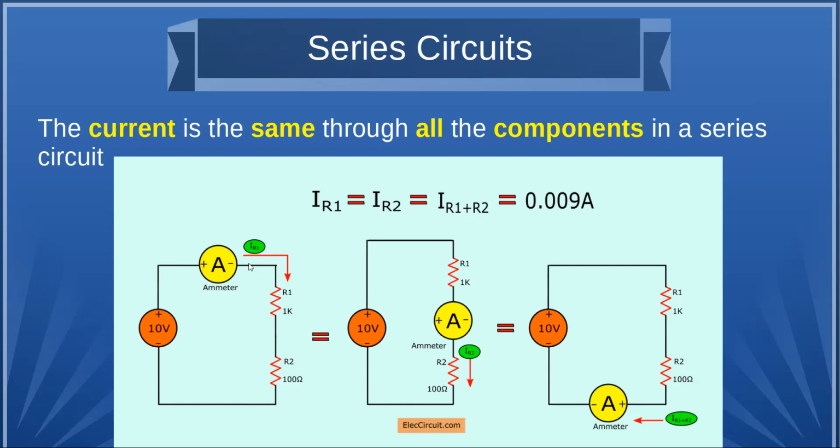Remember, it has to be in the circuit to measure current. So we're measuring the current at this point. In this one, we're measuring the current between the two. And in this one, we're measuring the current down here, and it's always the same, because the current through a series circuit is going to be the same through all the components. It doesn't matter where you measure it, you're going to get the same current measurement.